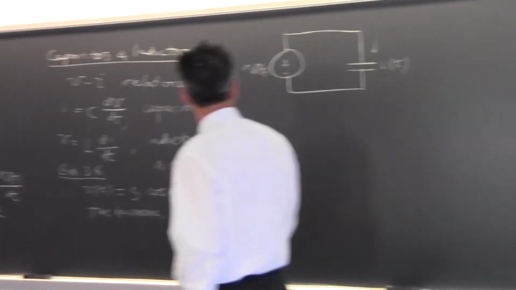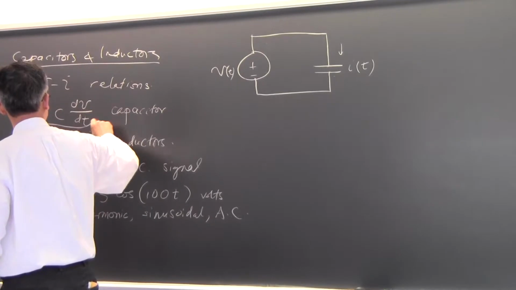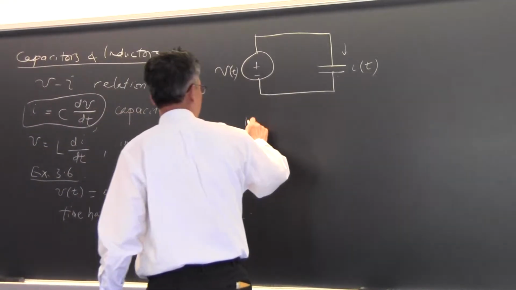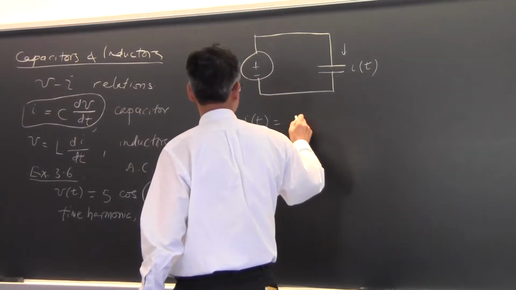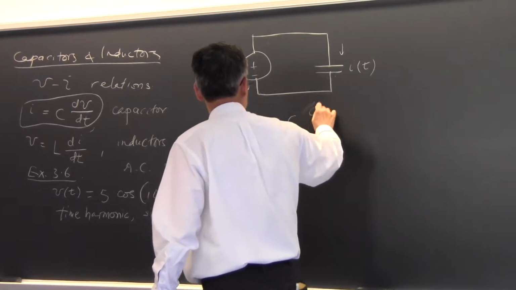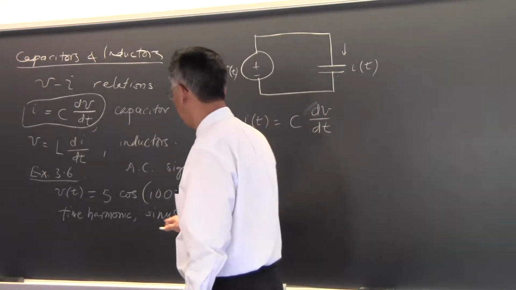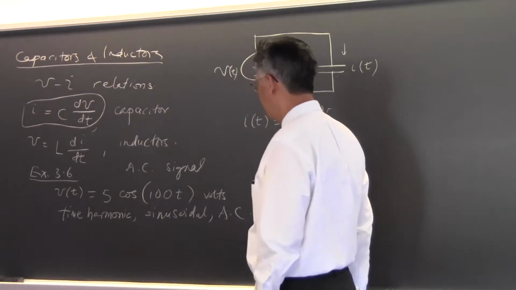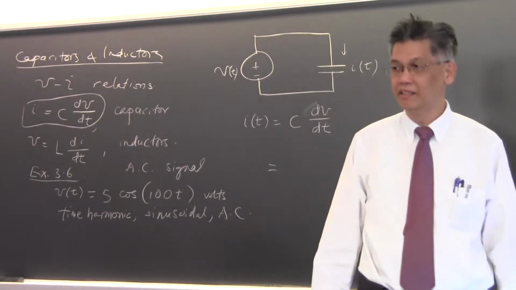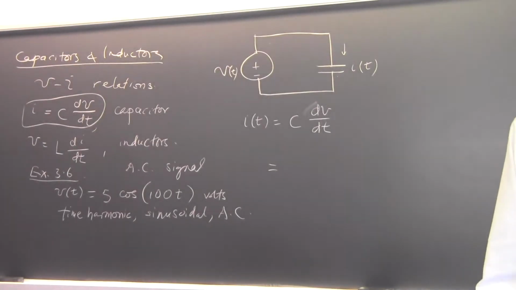Then we will just use this equation, and I of t is just equal to C dV/dt. If you differentiate this with respect to time, when you differentiate the cosine, what do you get?